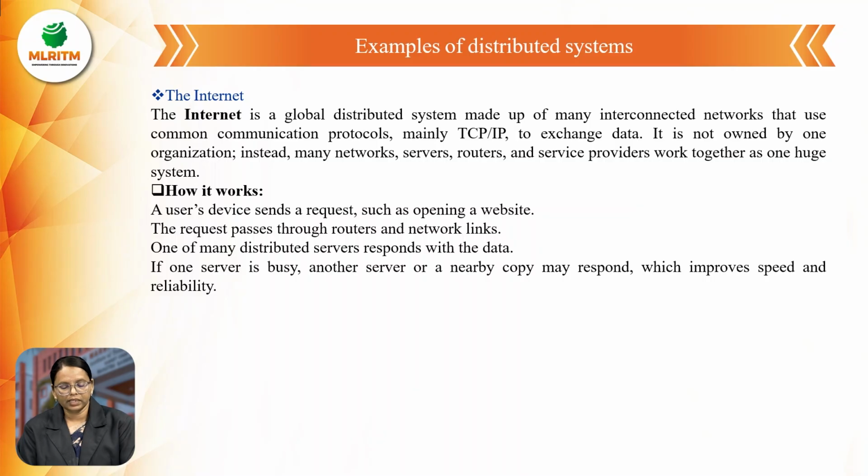If one server is busy, another server or a nearby copy may respond, which improves speed and reliability. Right? For example, searching information on Google, watching videos on YouTube, and sending mails using Gmail. So, this is the internet, right?